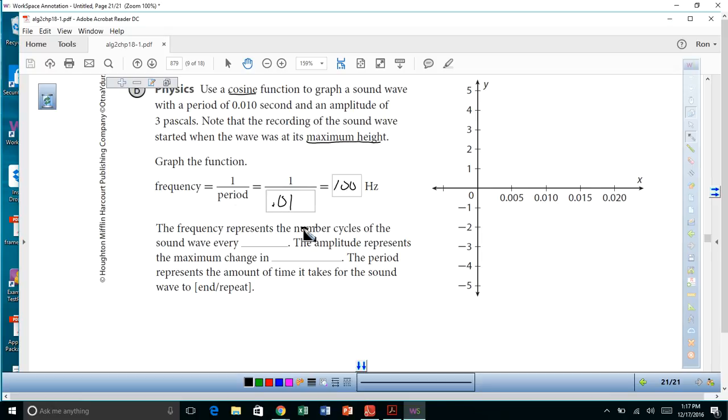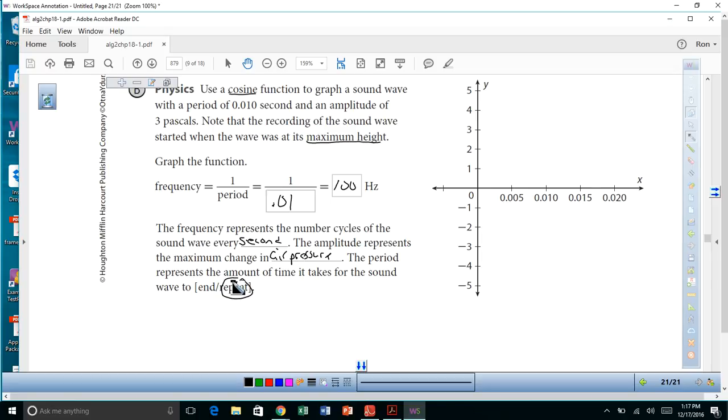The frequency represents the number of cycles of the sound wave every second. The amplitude represents the maximum change in air pressure. The period represents the amount of time it takes for the sound wave to repeat.